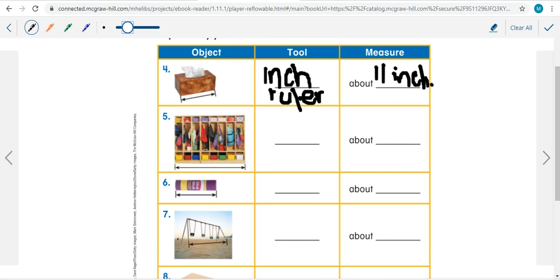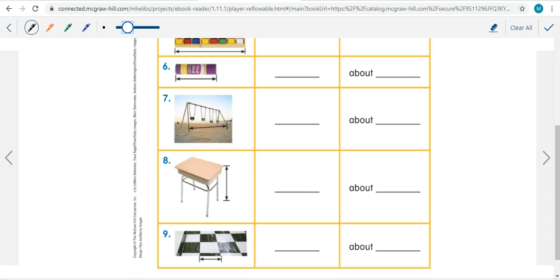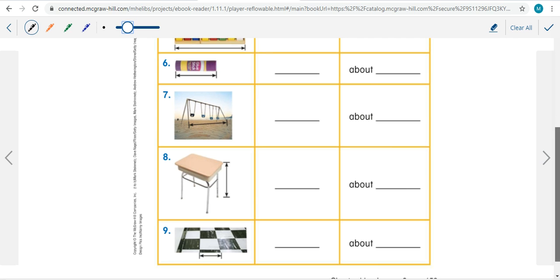For example, this locker, it's bigger, so you will pick a tool between the inch ruler, the yardstick, or the measuring tape, and on this part you're going to estimate. Okay, this object is smaller, so you will also use an inch ruler. How about the swings? The swings are bigger, so you may use a measuring tape.